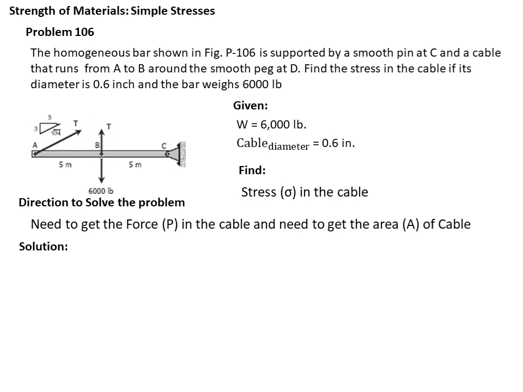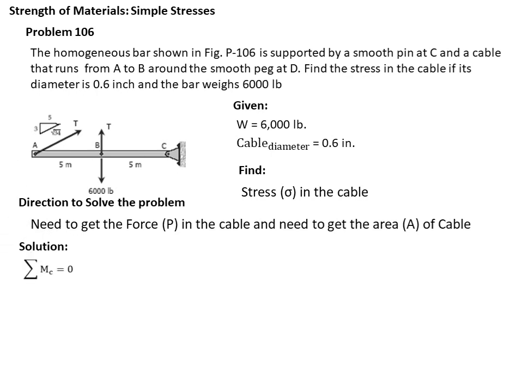Okay, so for me, it is easier to do the summation moment at C. We all know that the moment in all pin connected or roller support is equal to 0. So if we do the summation moment at C, it is equal to 0.